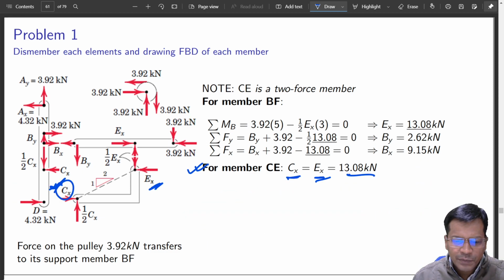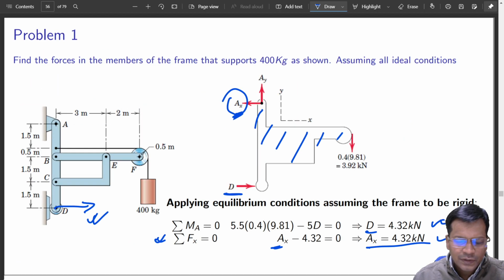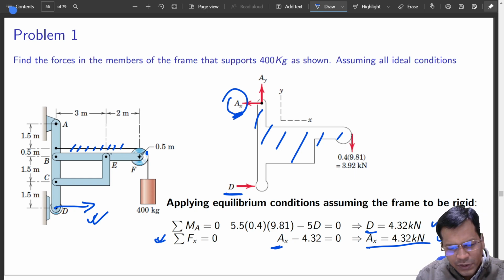Okay, just a sec. Let me draw the scenario that you are telling. You are telling this is frozen over here and there is no this. This will be an effective link which is of this length.